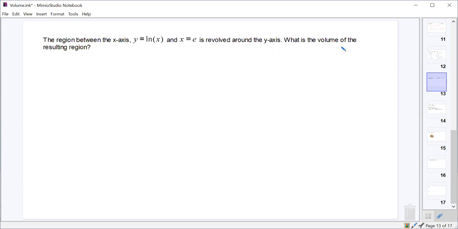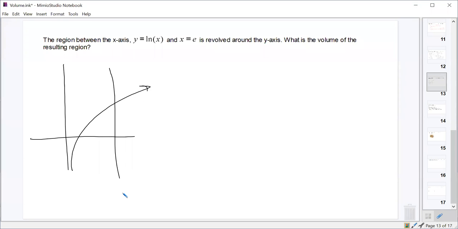All right, ready to go. All right, so first off, hopefully you sketched a graph of this, right? So there's ln x, there's x equals e, right? And we're taking that region between that and the x-axis and revolving it around the y-axis.